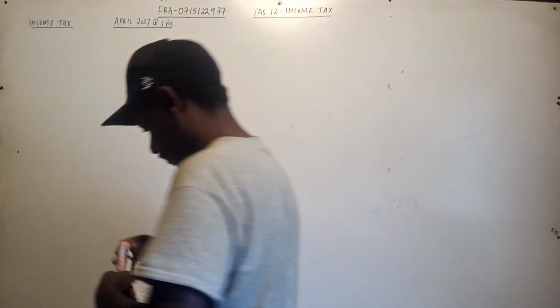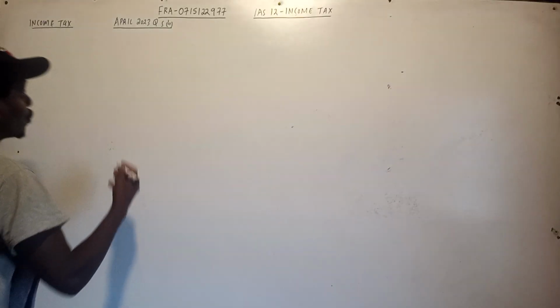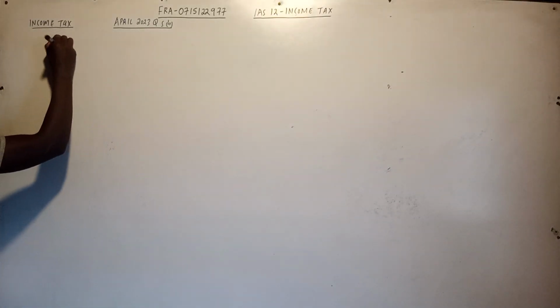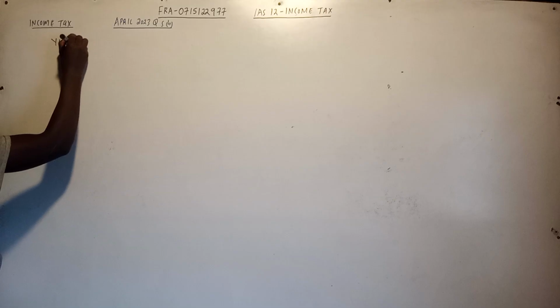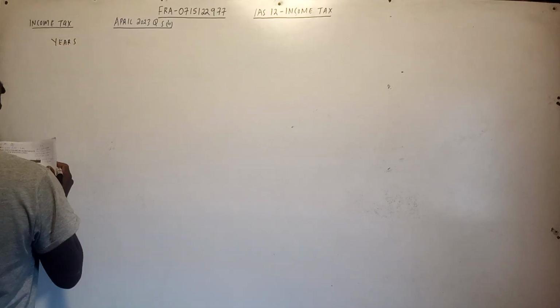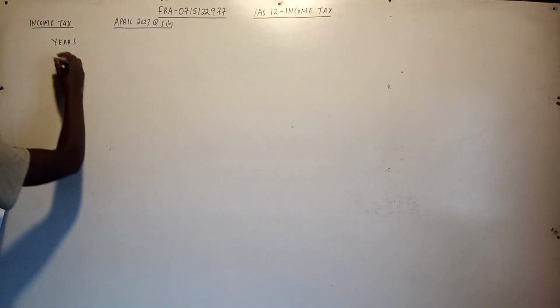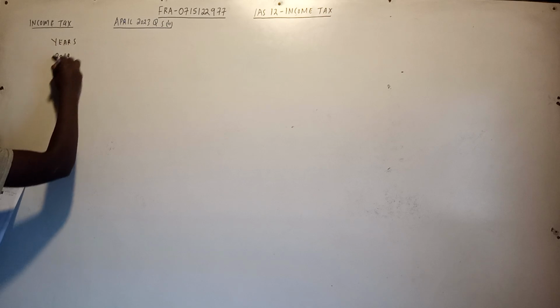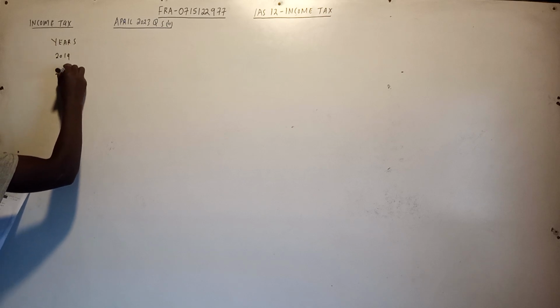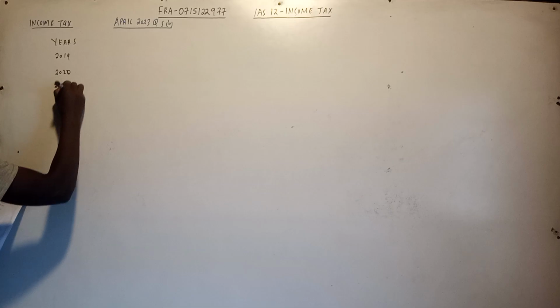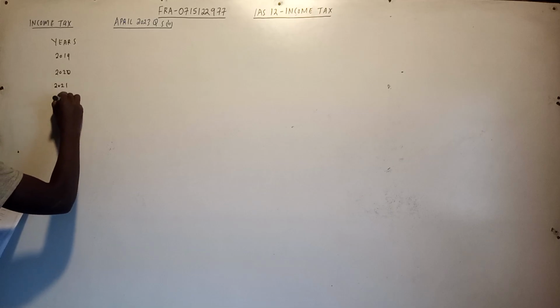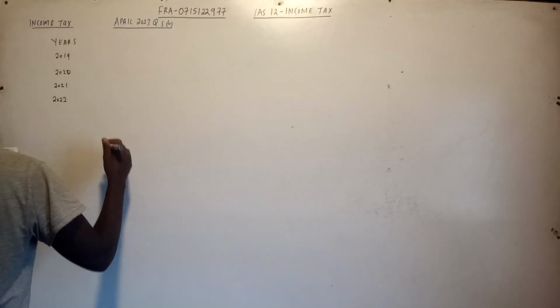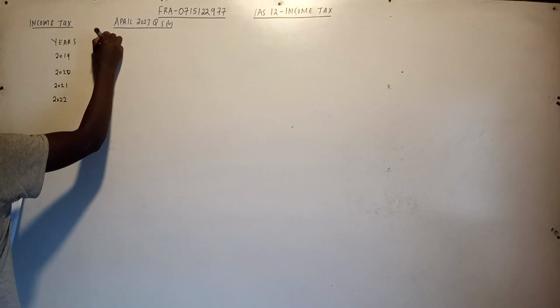So we shall have years, which is from 2019 to 2022: 2019, 2020, 2021, and then 2022.